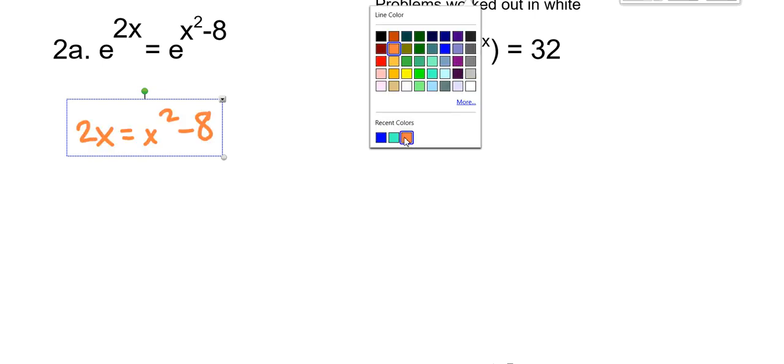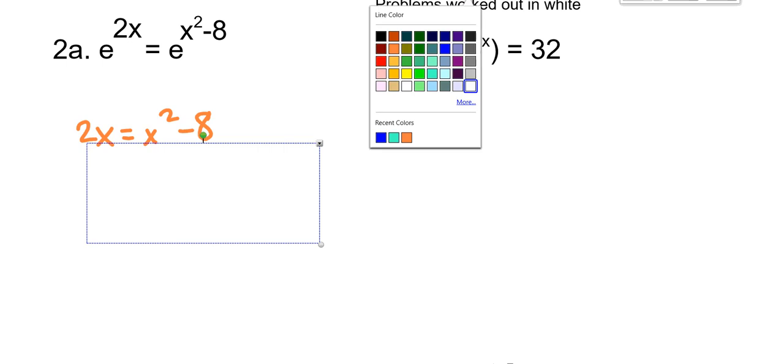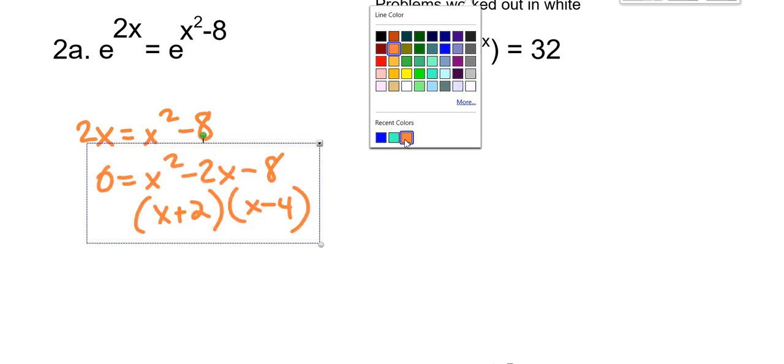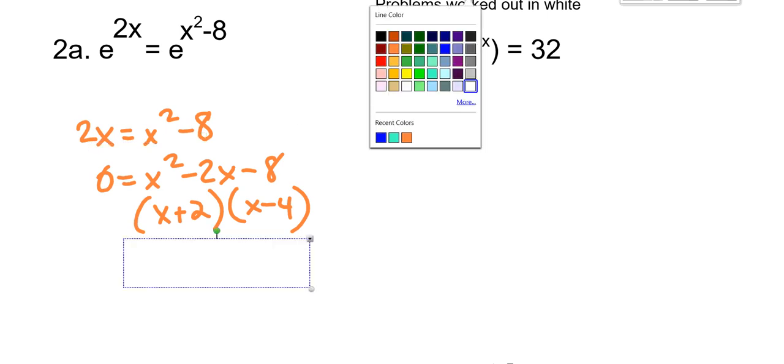So that is 2x equals x squared minus 8, and then we can set that equal to 0, factor, and we get as our final answer that x equals -2 or x equals 4.